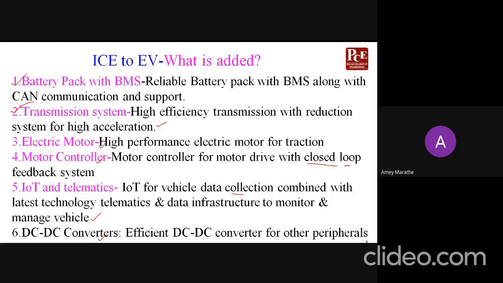When I say DC-DC converters, there are different types of them. Either we require a step-up converter or we require a step-down converter. When I say step-up, if you want to convert your 12 volts into 48 volts, you will require a step-up DC-DC converter. If you want to reduce your higher voltages to lower voltages, you will require a step-down converter.